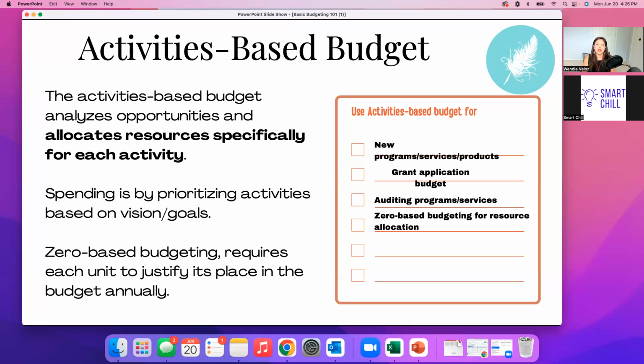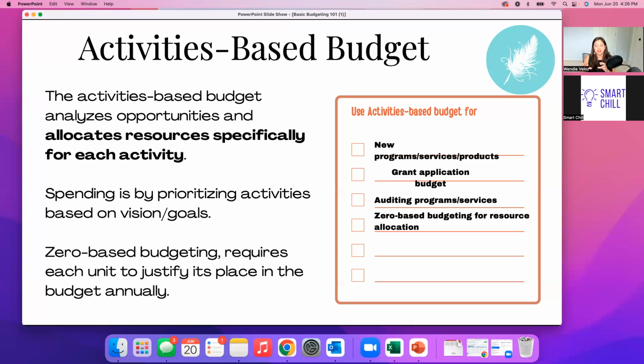So every year someone has to say, we need money for this. And in order to give that money, they have to explain, say maybe how they did in the past or what their performance is. And then they'll be able to get access to the money that they need for this budget.